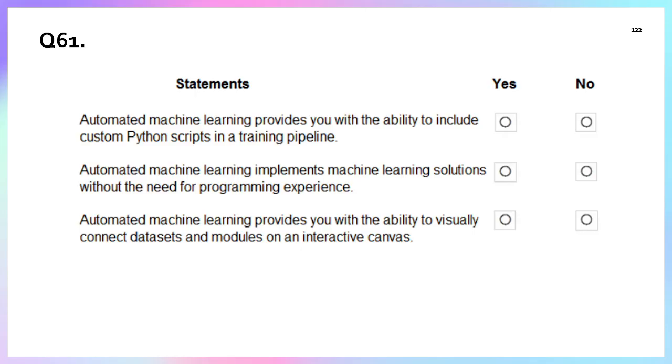This feature belongs to the Azure Machine Learning designer, the drag and drop interface, not to AutoML, right? So this is not visual. The answer is no. So the final answer is: statement one is no, second is yes, and third one is no.